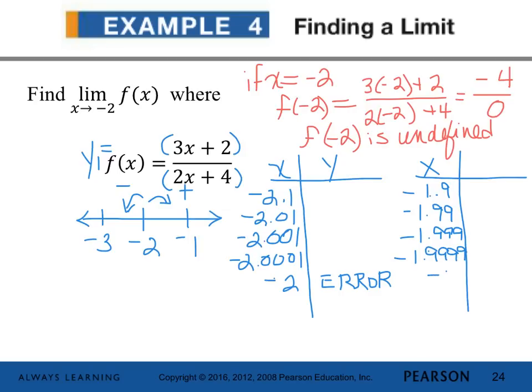And again, at -2, we would get an error. So go ahead and do that problem on your calculator and check your numbers with me.